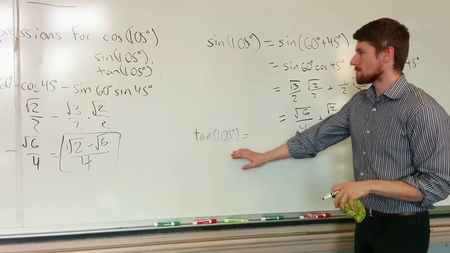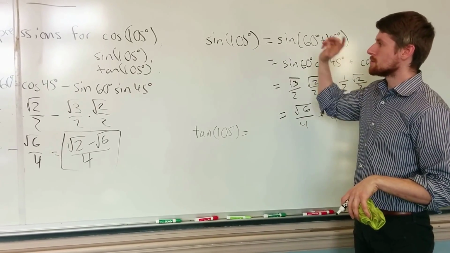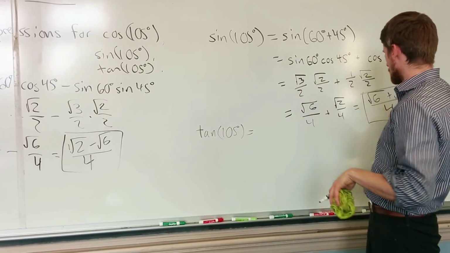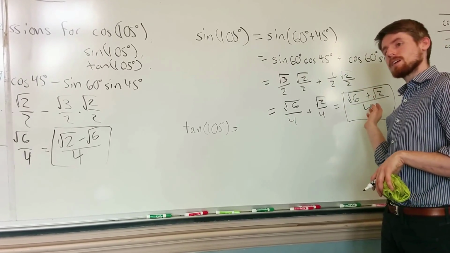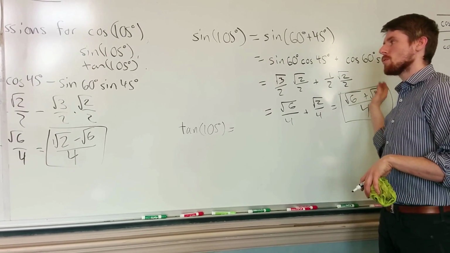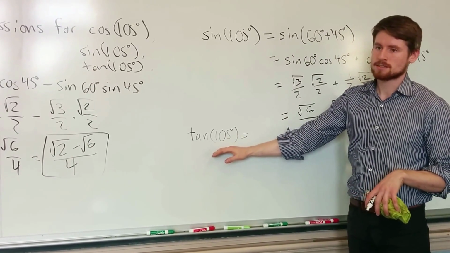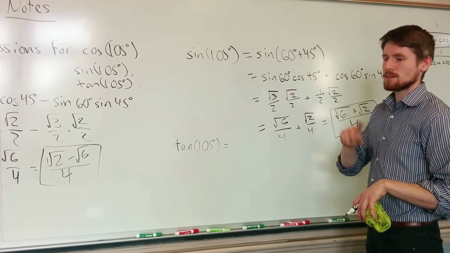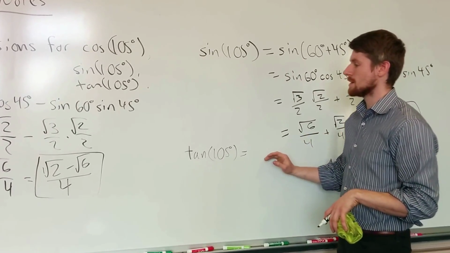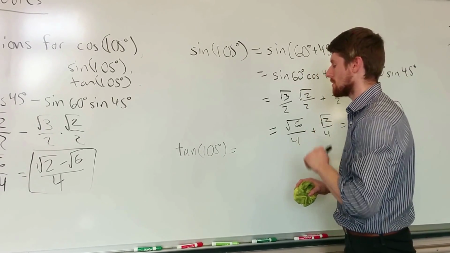Now I have my choice for finding the tangent of 105. I can either use sine over cosine and divide these two expressions and simplify, or I can use the angle sum identity as I did before for sine and cosine to figure out what the tangent is. I'm going to do it using these expressions, and you can do it using the identity on your homework today, tomorrow, if you would like.